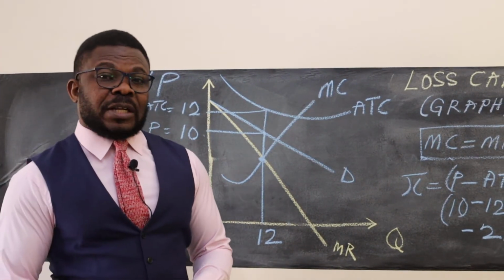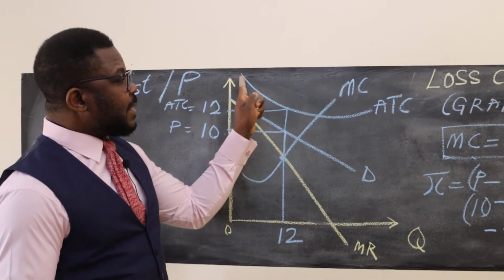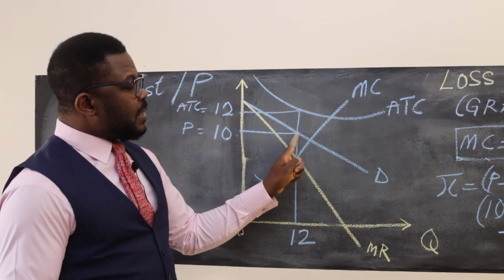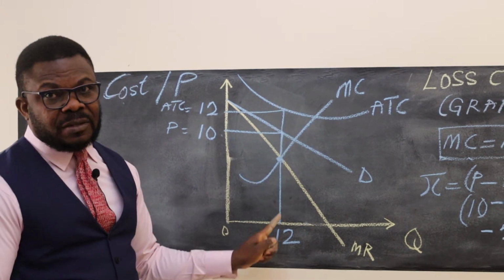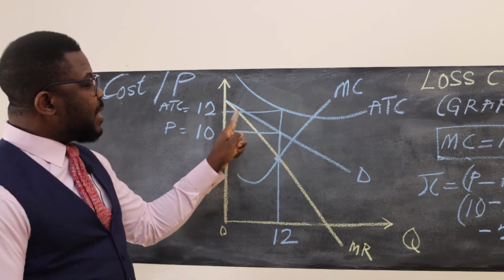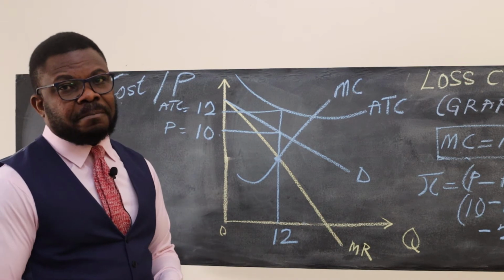Because we need average total cost to work out the loss or the profit, we still have to look for the ATC line. The ATC line is up here. We trace the same line all the way up. Remember, it's always the same line. There's no deviation from this straight line. We go all the way up, meet the ATC line, and get the average total cost.